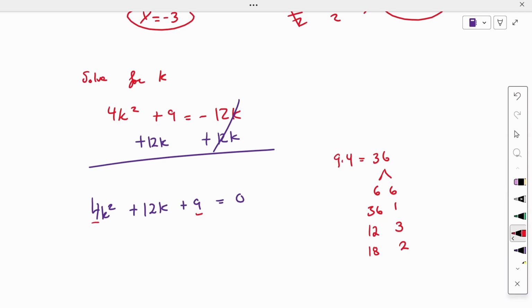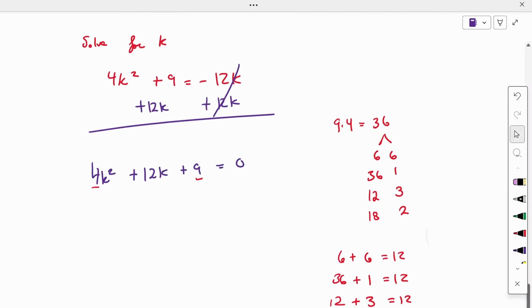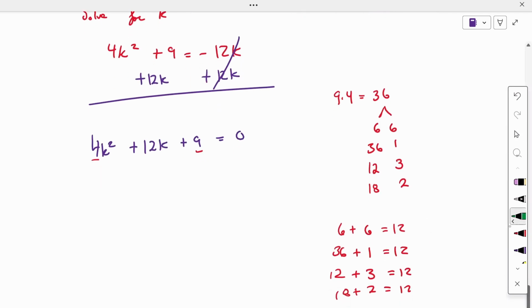So you're going to check to see which of these adds to the middle term, 12, go down your list. And of course, none of the bottom 3 work, but 6 plus 6 does indeed equal 12.